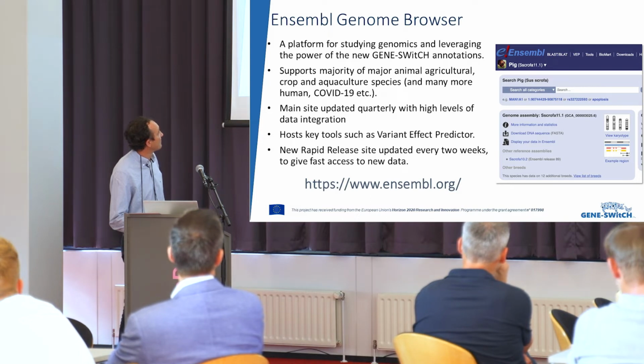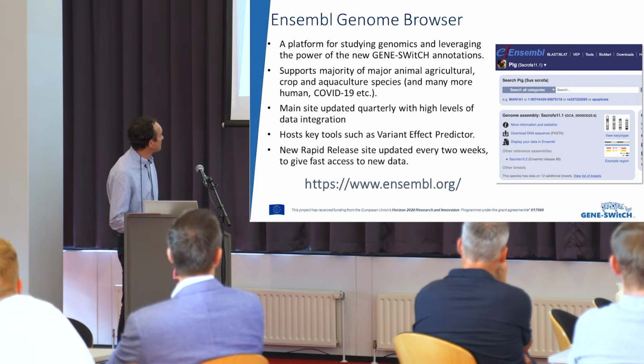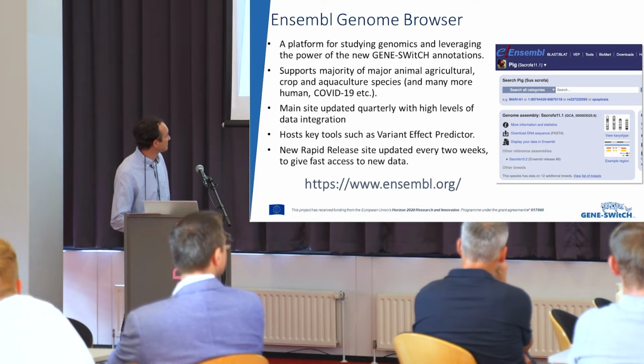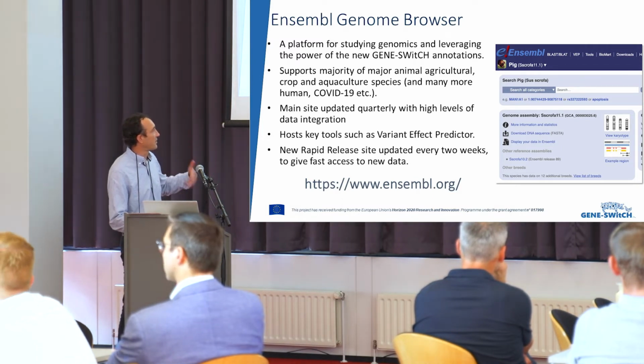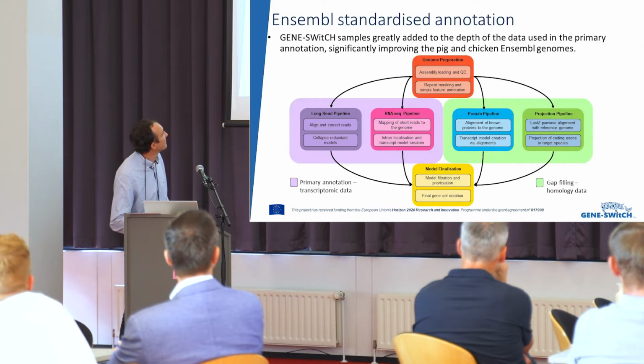And the site is updated 4 times a year with new data integrations. Every 2 weeks, you also have a rapid release to integrate all the data that have been uploaded during each day.